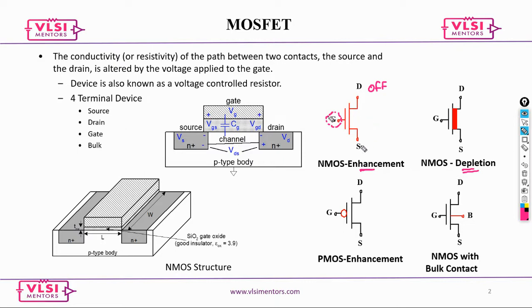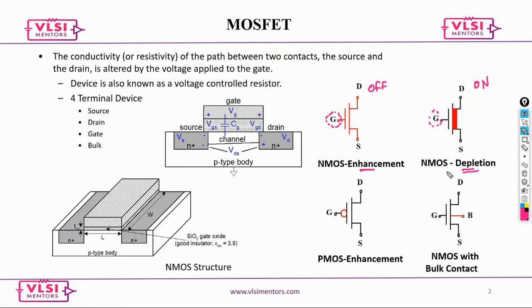That is what is called an enhancement MOSFET. When I say depletion, this is by default on, and you just have to supply a voltage to make it off. That is the difference.